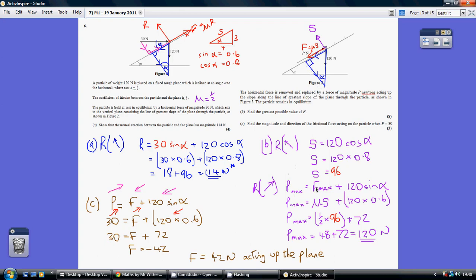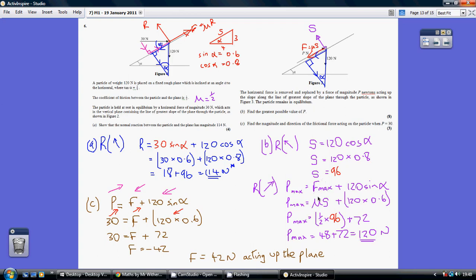Now resolving up and down the slope, we've got the forces up the slope, P, so the maximum P equals the forces down the slope. That's the friction, the maximum friction, mu times S, plus the blue force down the slope, which is 120 sin alpha. So this is the red force and the blue force.